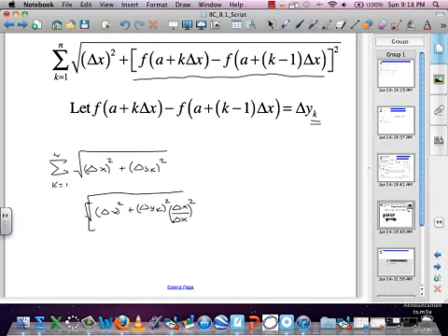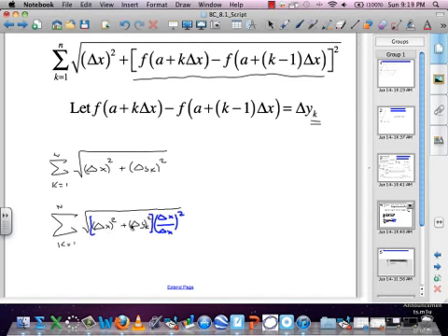So let's see if I can bump this over. I can't. Okay, let me rewrite this real quick. I'll pause the video and come back. Okay, so this is what I intend to do. I multiplied the inside by 1 in the form delta x over delta x squared.